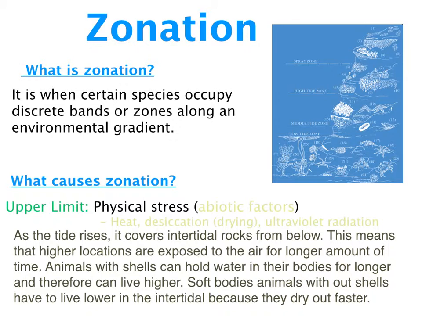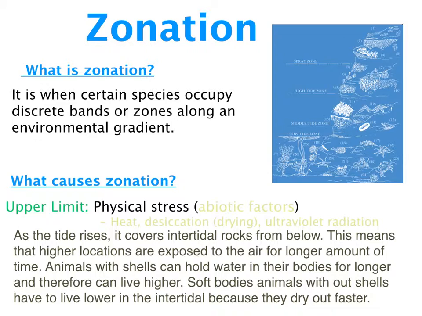How far up an animal can live in the intertidal is based on abiotic factors or physical stress, such as heat, desiccation, and ultraviolet radiation, as well as the many other disturbances in the environment. As the tide rises, it covers intertidal rocks from below, meaning that higher locations are exposed to the air for a longer amount of time.